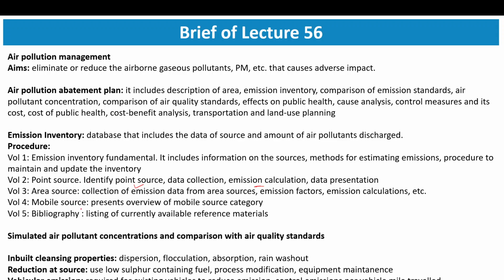Then if you have a mobile source, then all sorts of calculations and data analysis for mobile source come under volume 4. And last but not the least is the reference related to all, which might be related to any of these analysis and data interpretation. It comes under volume 5, which is nothing but bibliography. Now this word itself means references, right?